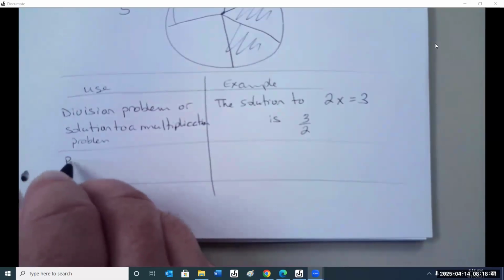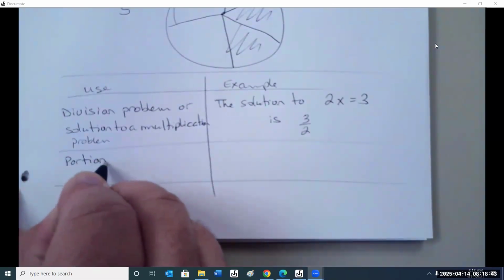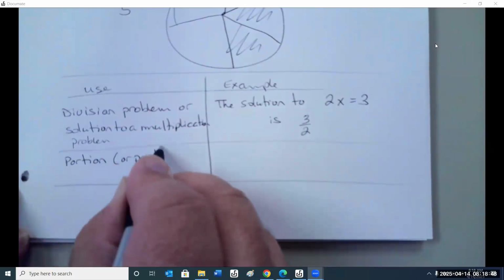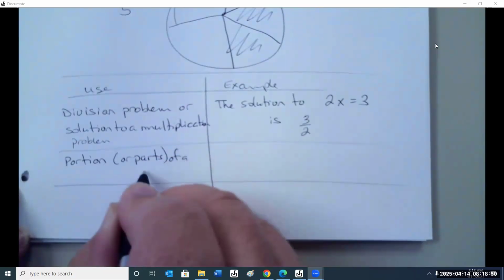The second is portions or parts of a whole.